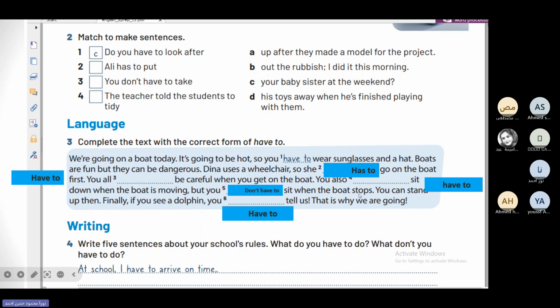That is why we're going to see dolphins swimming in the sea. So when you think the situation is necessary or important, we use have or has to. But if it's not important, we use don't and doesn't have to.